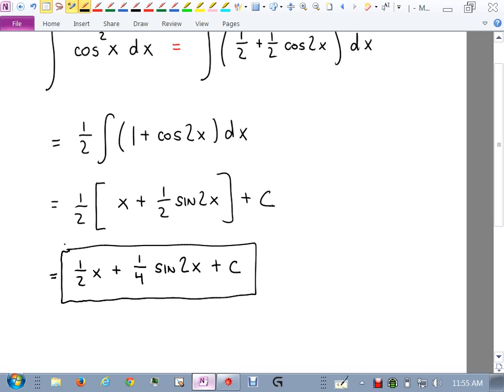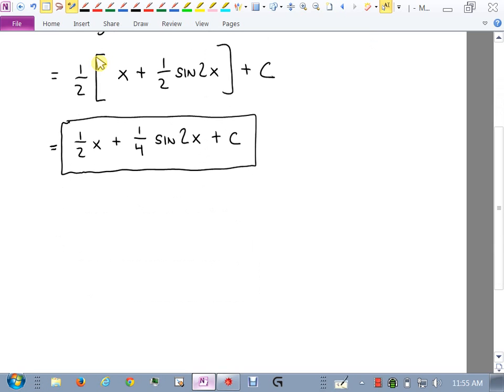How would you convince yourself that this is correct? You'd have to take the derivative, wouldn't you? And it needs to be cosine squared x. I'm going to check it just to see. What's the derivative of 1/2 x? 1/2, plus, here's a 1/4.